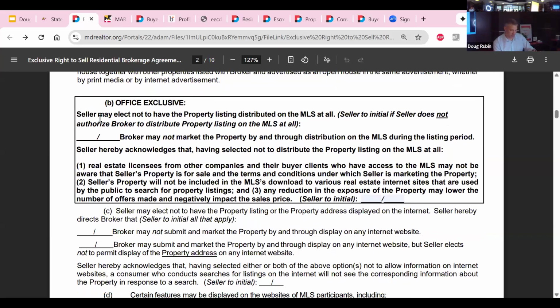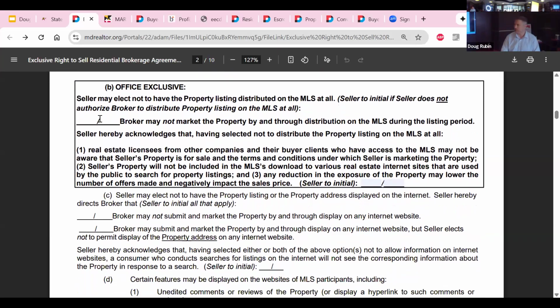The next material part, and I don't really love the way that this is structured, is where I encourage people to skip a couple of sections in most situations. So paragraph B here is about this office exclusive concept, which is a little bit of a hot button in the industry. Some people are really pushing this.